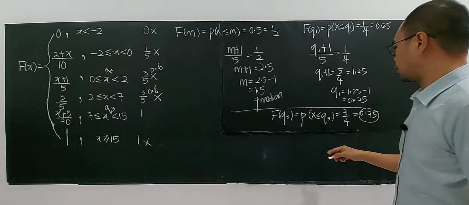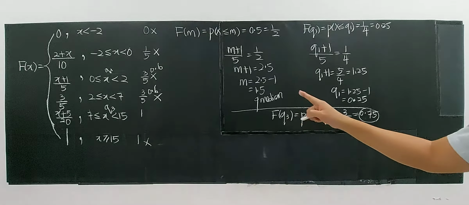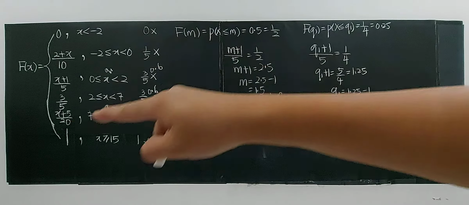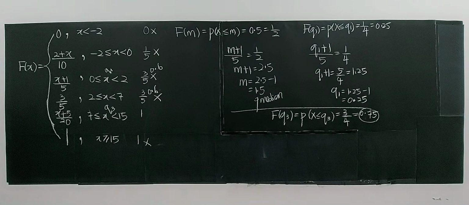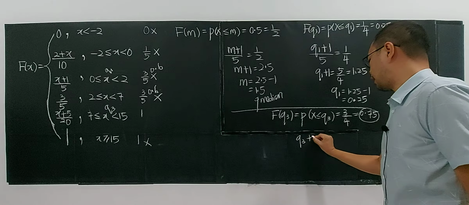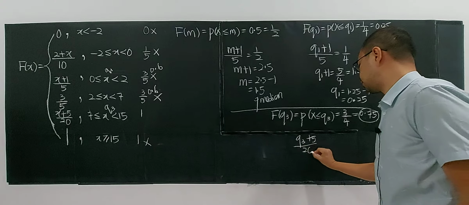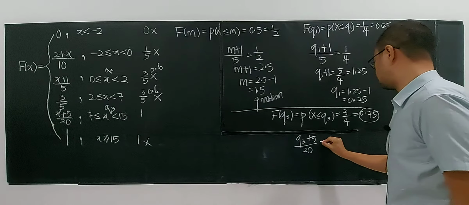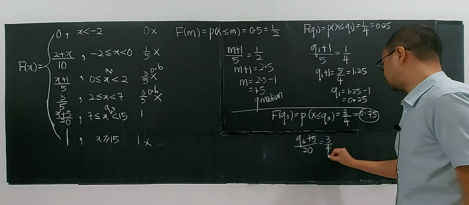So your value of Q3 has to be put into the correct function, by observing all these values here. So you can put Q3 into Q3 plus 5 over 20, which is equal to 3 over 4.